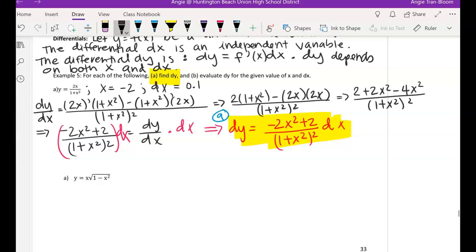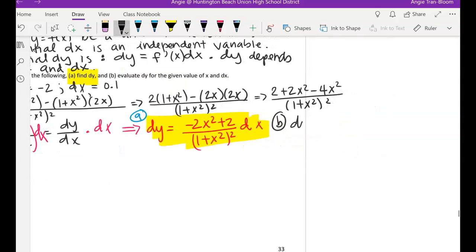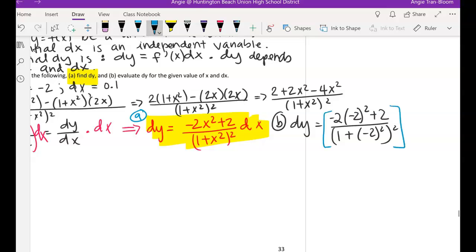So let's plug it in, part B. Let's plug in negative 2 for x and 0.1 for dx. All right, slowly, let's go. dy is negative 2 times negative 2 squared, because that's what x is supposed to be, plus 2 all over 1 plus negative 2 squared, all of that squared, work that out first, and everything is going to be multiplied by 0.1, which is dx.